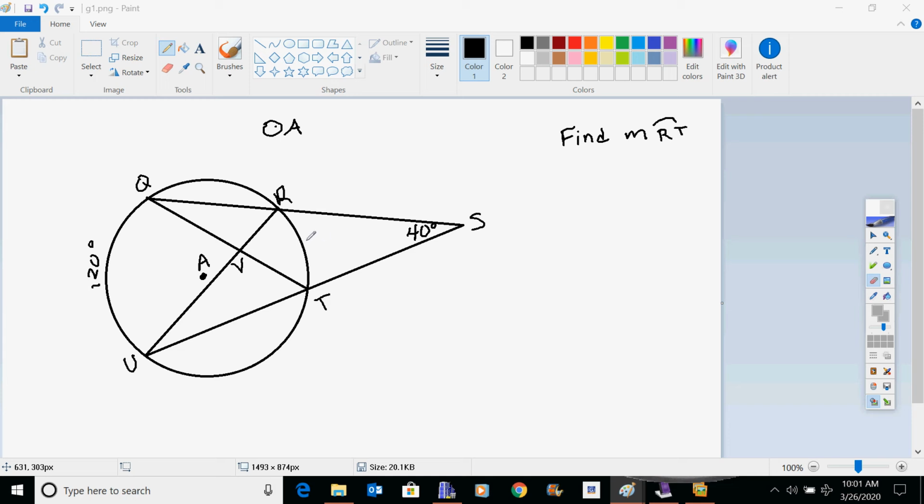RT, we don't know what it is, but we can give it a variable, x. So you would subtract the two, 120 minus x, divided by 2, and that has to give you the angle that was formed outside. Use those great algebra skills you brought forward with you.